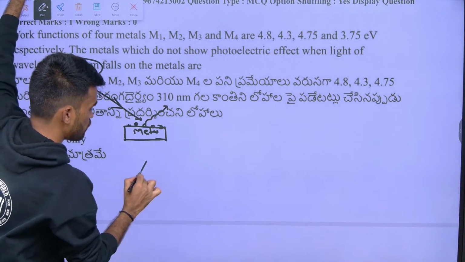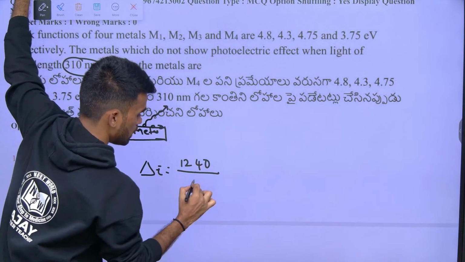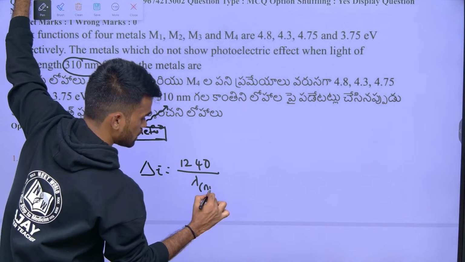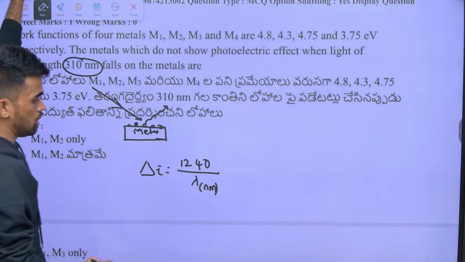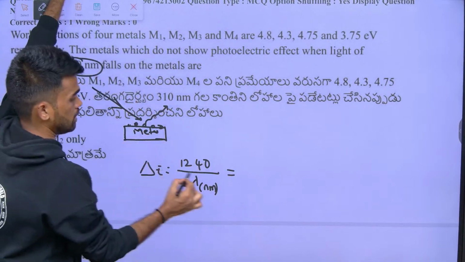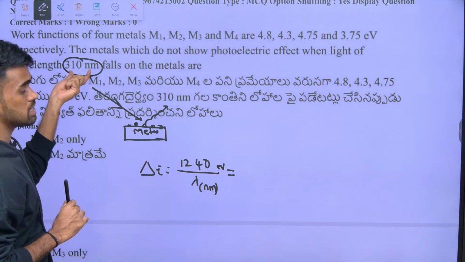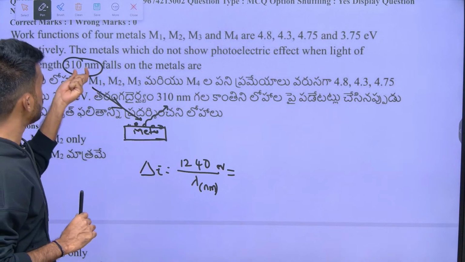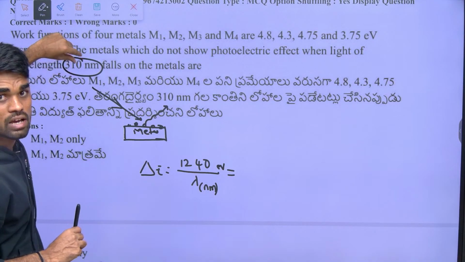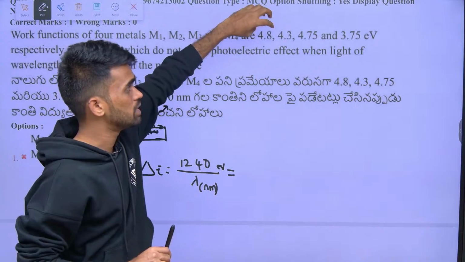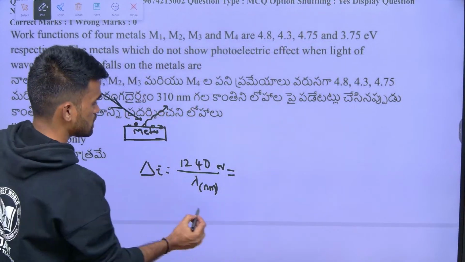We have the formula delta E equals 1240 by lambda in nanometers, so using this formula you can get the energy of this wavelength in electron volts. If we get the exact value of energy associated with this wavelength, we can tell whether the metal shows the photoelectric effect or not. So now, what is the value they mentioned?